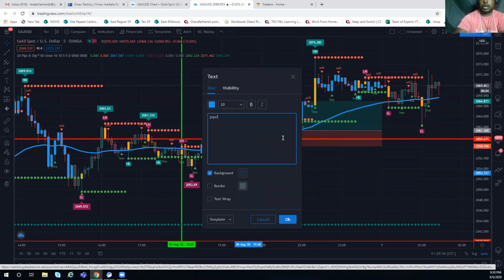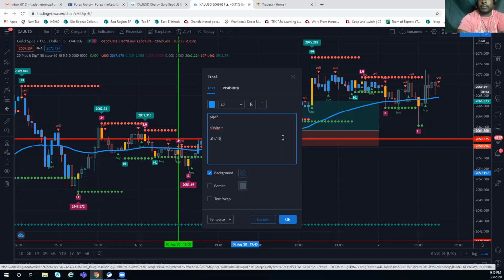We say, what are they, right? So 40 pips equals, okay. So at a 0.01, which equals 10 cents, 40 pips equals $4.